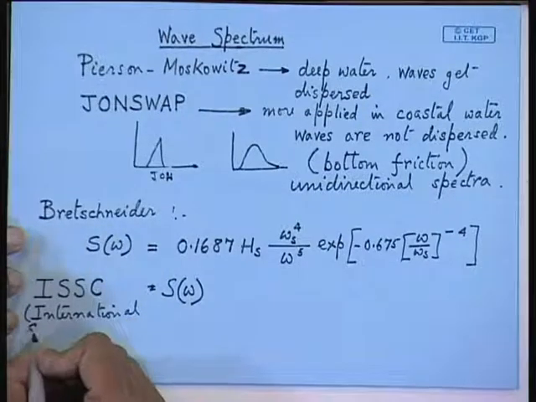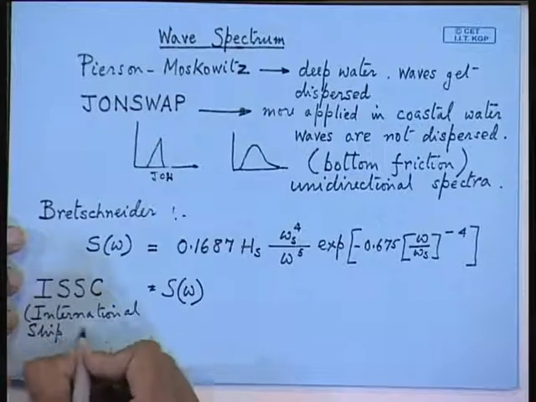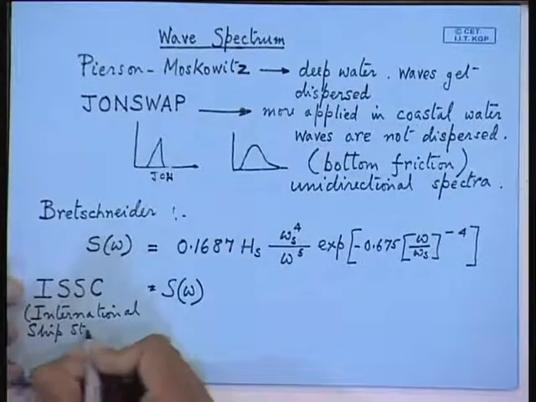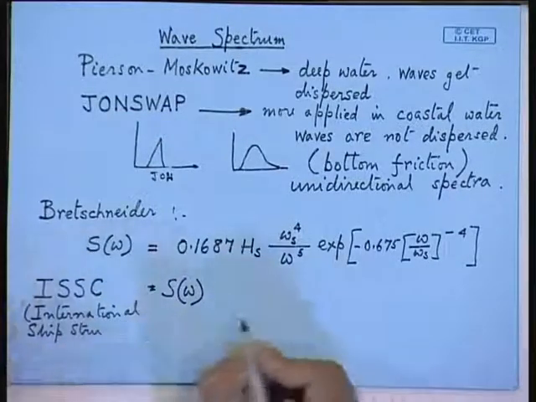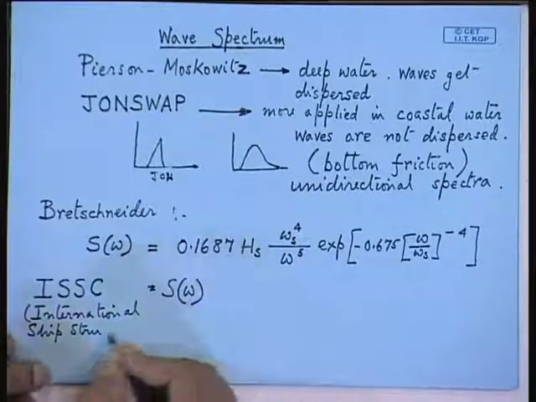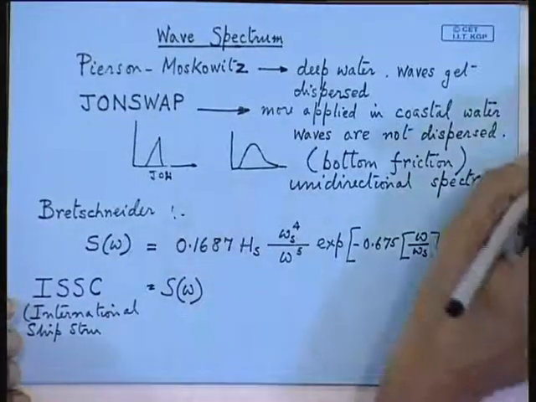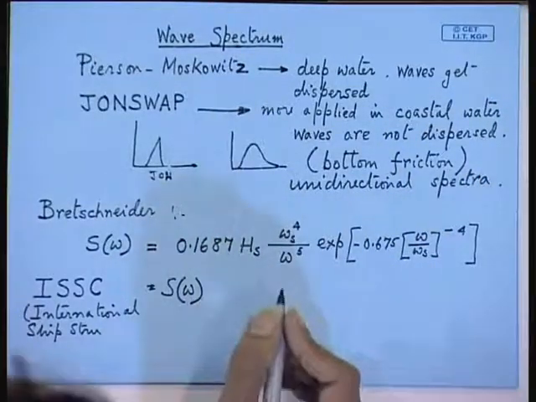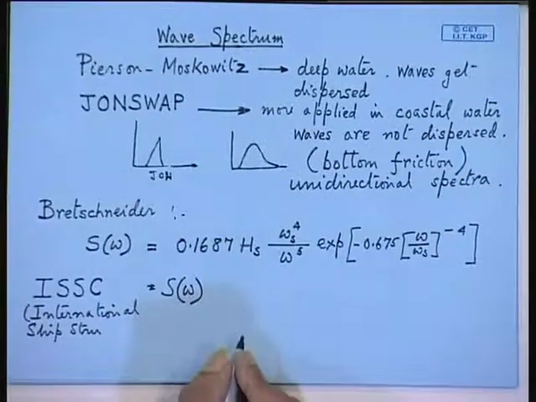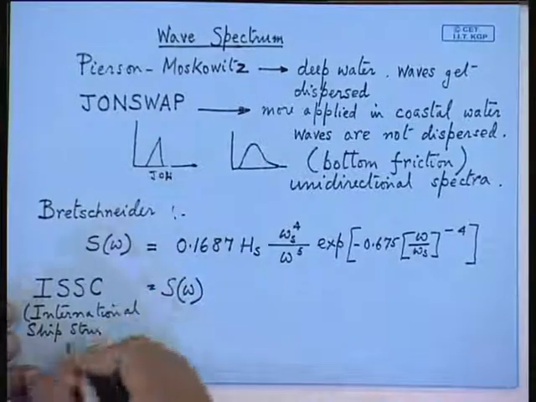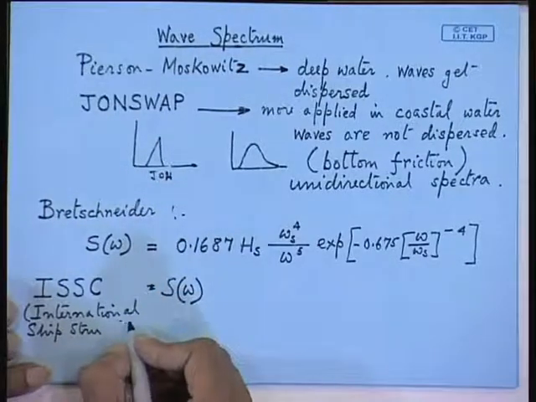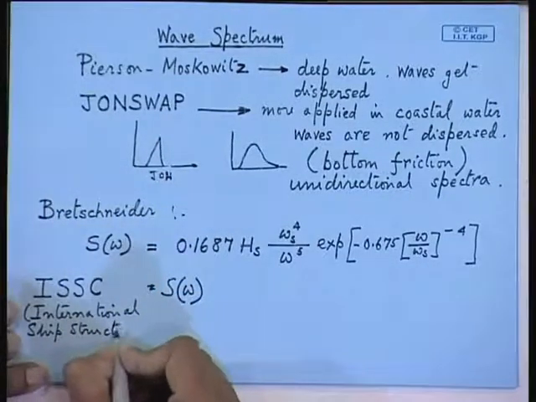Sometimes you will find this expression in your ABS book, American Bureau of Shipping. Those of you who are consulting ABS for mobile offshore drilling units will come across this ISSC spectra, which is given by the International Ship Structures Committee.